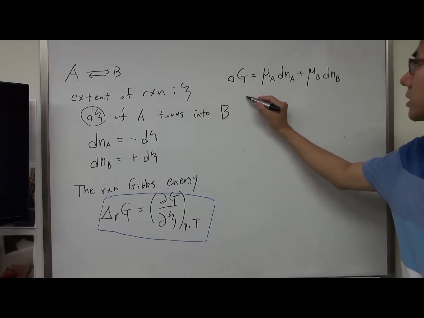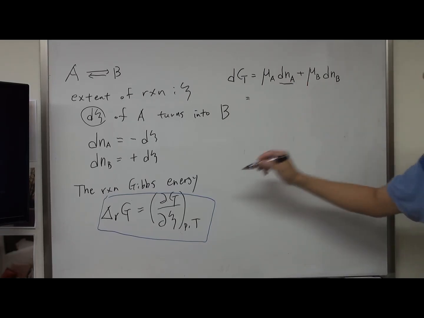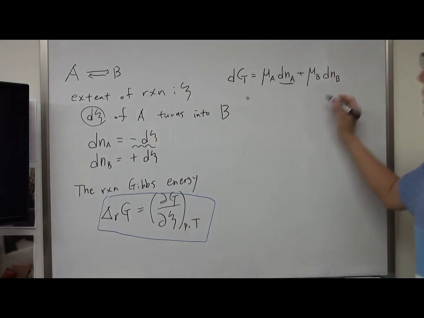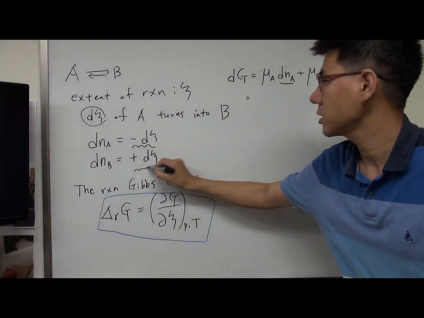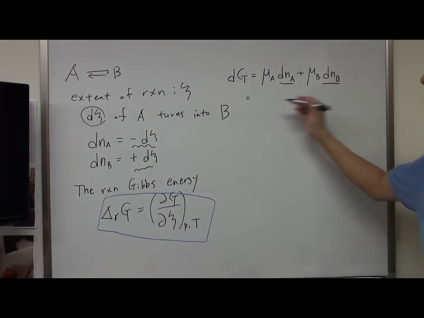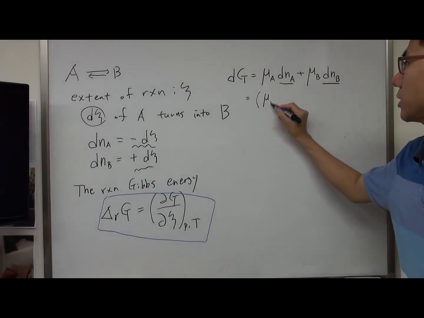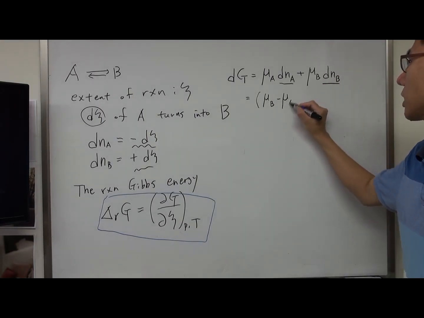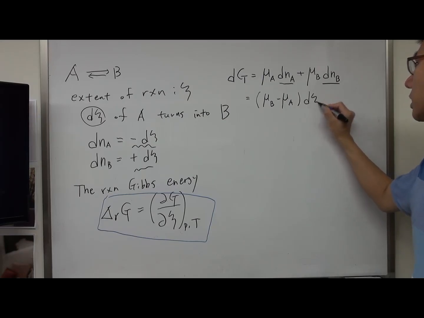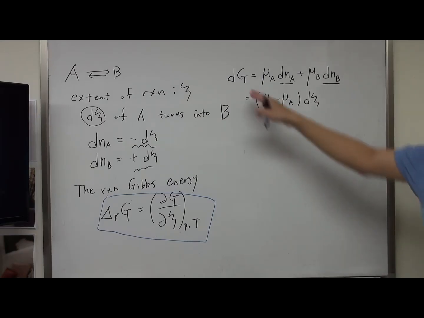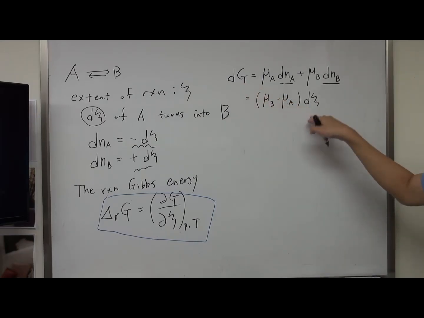Since dNA is equal to minus d psi and dNB is equal to plus d psi, what you get is dG equals mu B minus mu A, times d psi.